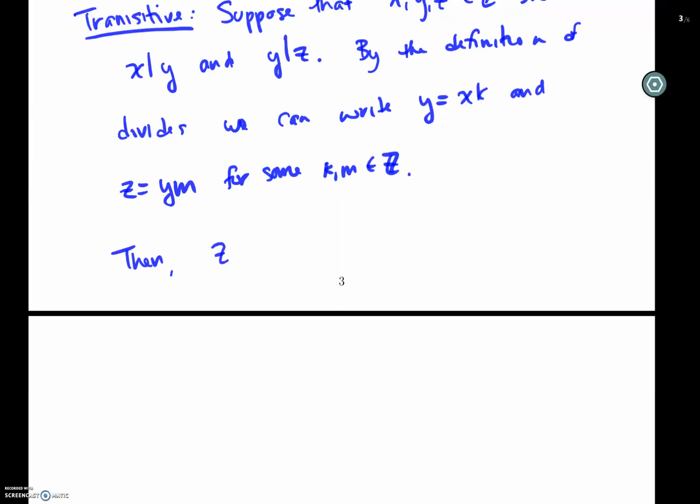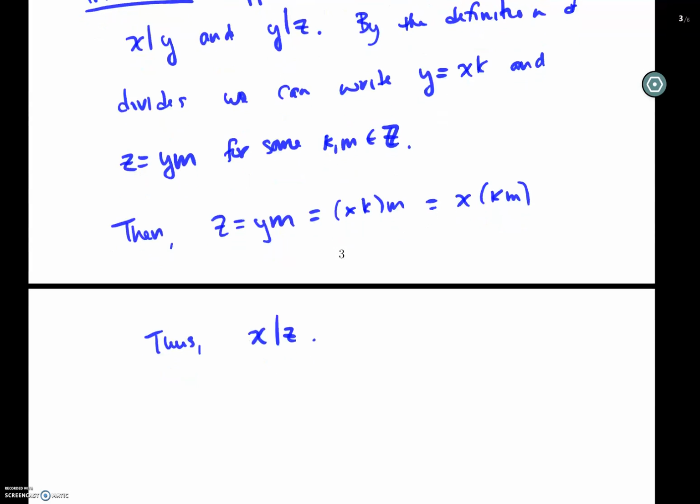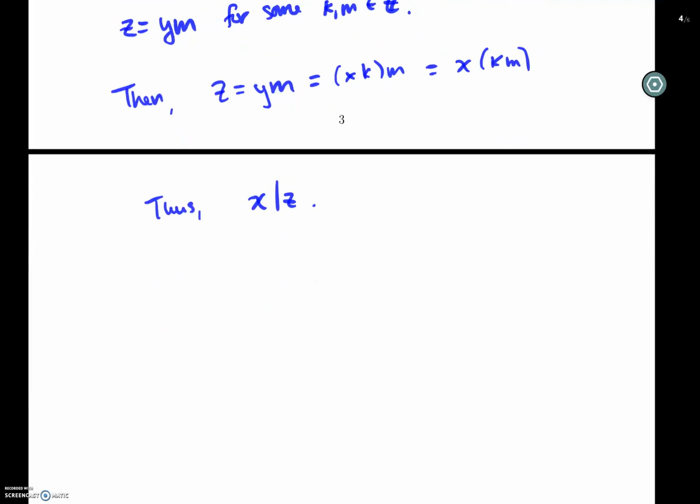Then we can note that z is equal to ym, but we know that y is equal to xk, which we in turn can write as x km. So this tells us that we must have that x divides z. Hence, we've satisfied the transitive property.